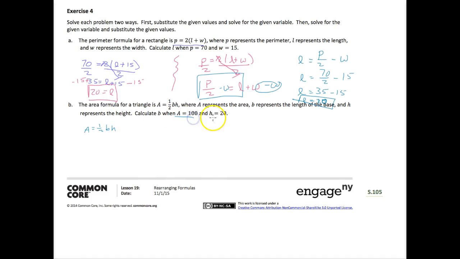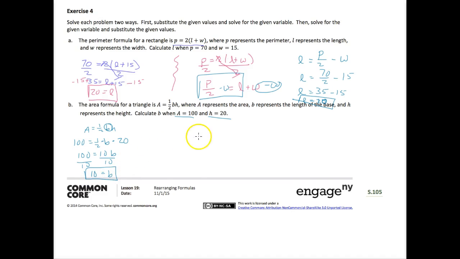We're given A is 100 and H is 20. 100 equals 1/2, and they told us we're looking for B, so we're not expecting to replace B. And then that's times 20. I'm going to do the easy thing. Half of 20 is 10. So 100 equals 10B. Divide by 10. Divide by 10. And the base of this triangle is 10.